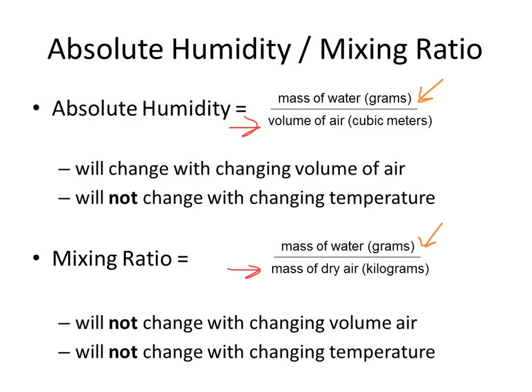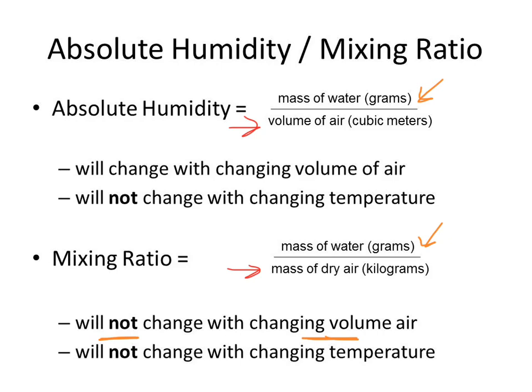Mm-hmm. So this one down here, the fact that it doesn't use volume on the bottom, it will not change when your chunk of air rises and gets big. So mixing ratio is kind of a nice, more constant thing. Mixing ratio says, hey, I just got this chunk of air, it's got this mass of dry air, I'm going to put that on the bottom. On the top, I'm going to put the mass of the water that's there.